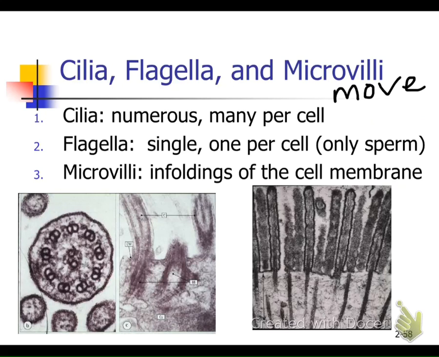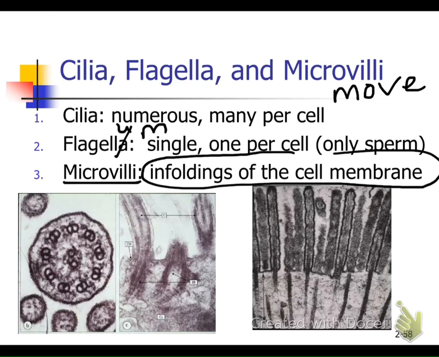A cell that has a flagellum, and I really should put here, a single flagellum. When there's a flagellum, there's typically in our cells only one, and that's on the sperm, and that is for motility. And then microvilli are very, very small. Villus means hair, so a little tiny hair-like structure, and they're at the surface of the cell, and their job is to increase the surface area, to increase the size of the area of the membrane.